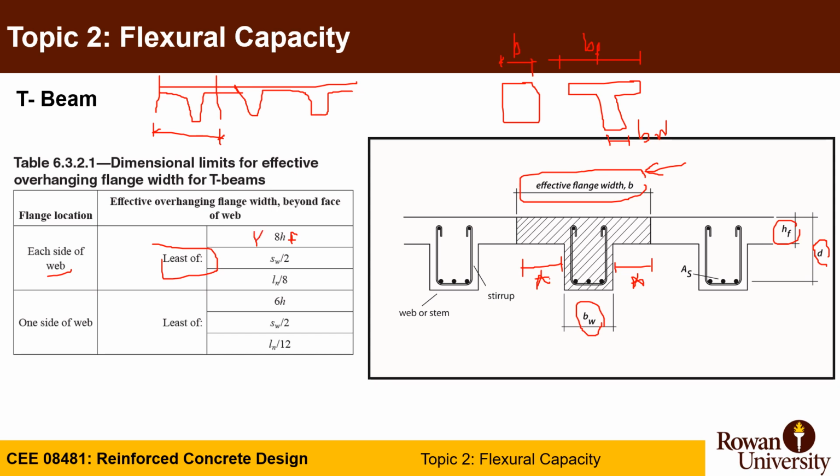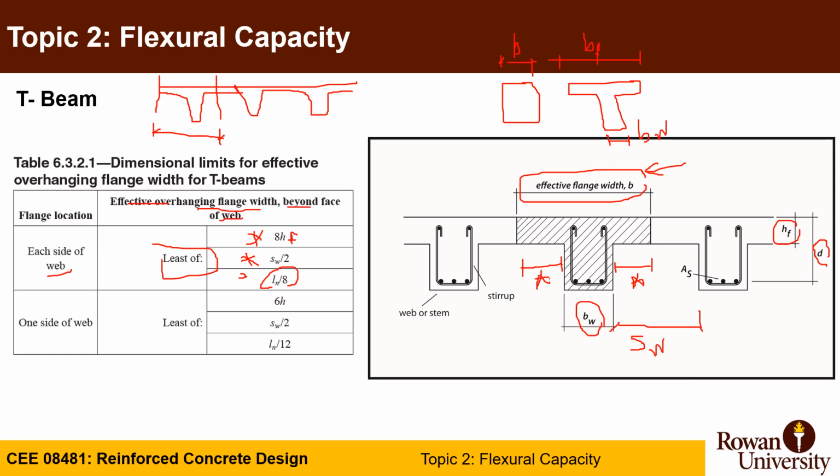So this is going to be star. And S web divided by 2, which is S web is this distance. And L divided by 12. So you can see here, effective overhang flange width beyond the face of the web.